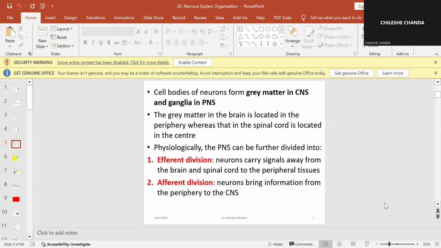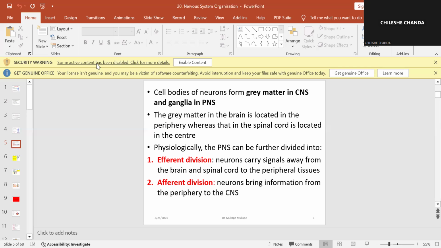When you look at the brain, it is organized in such a way that the outside layers of the brain will appear grayish in color, whilst the inside will appear whitish. So the bodies of the neurons are the ones that are going to form that gray matter.